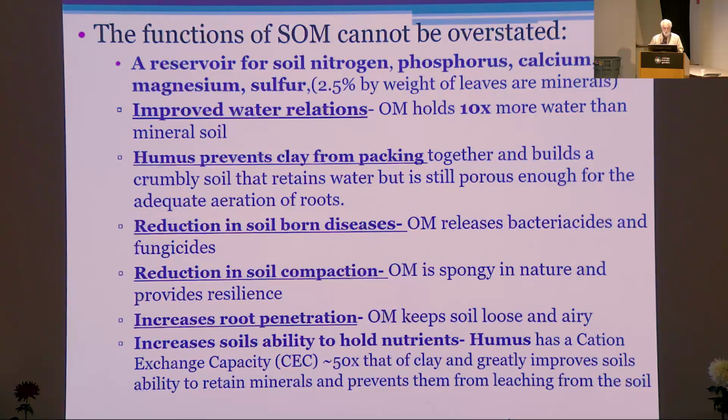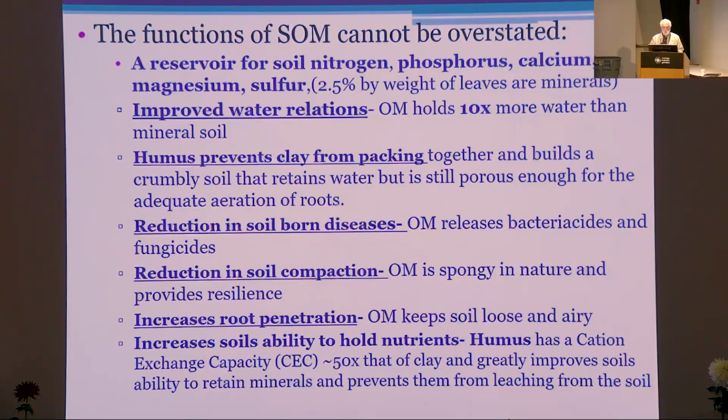Soil organic matter, and humus in particular, can hold 10 times more water than a mineral soil. So the more humus, soil organic matter in your soil, the better ability to hang on to the water. Humus combines with clay particles to kind of make the soil more crumbly. It improves soil tilth, it improves aeration, it improves water flow, and it improves root penetration and reduces soil compaction.